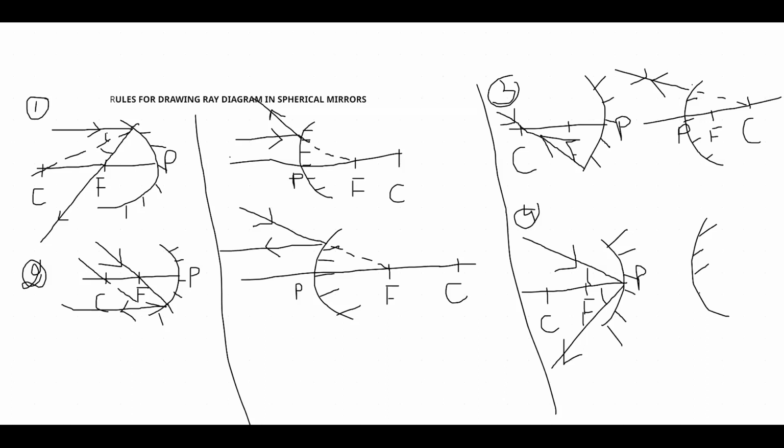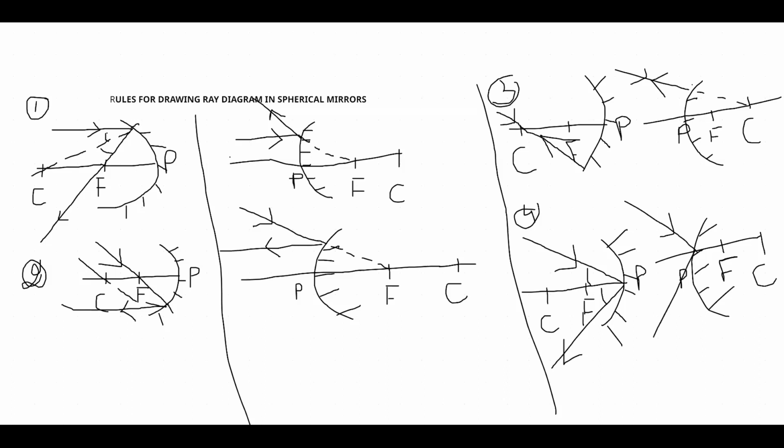This is the pole, focus, center of curvature. So a ray of light will be coming like this, striking the pole, and with the same path in the opposite direction, it will be going back like this.